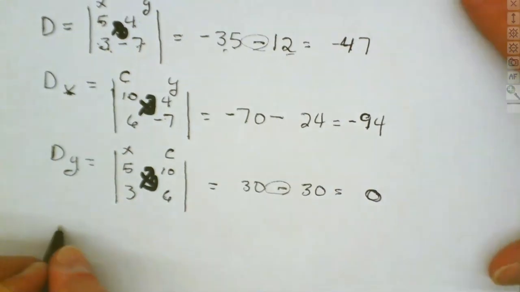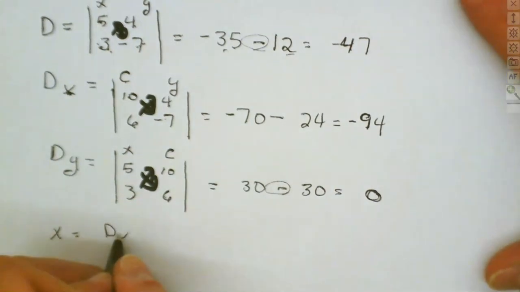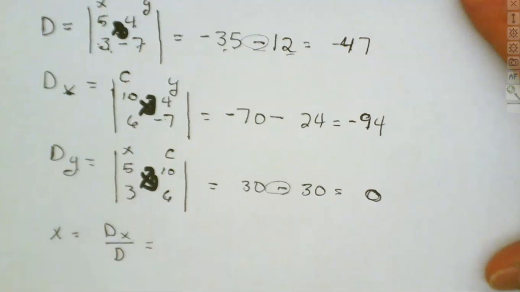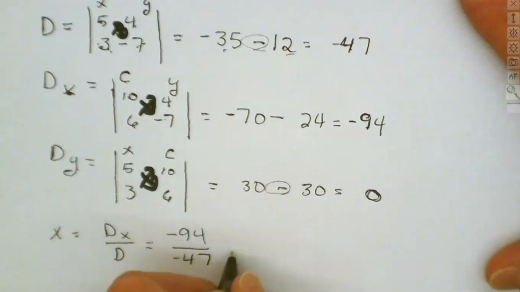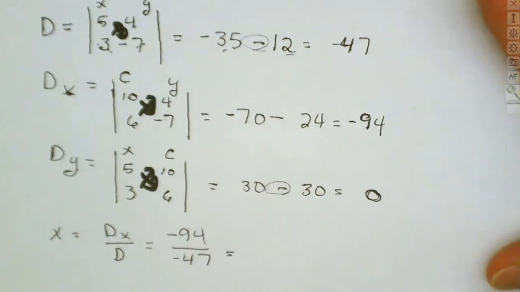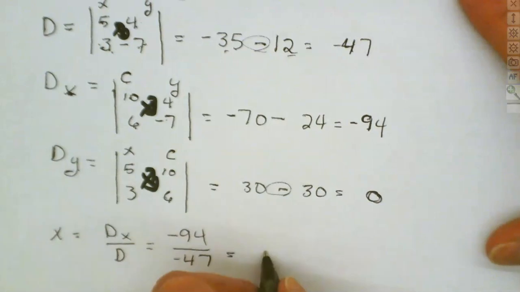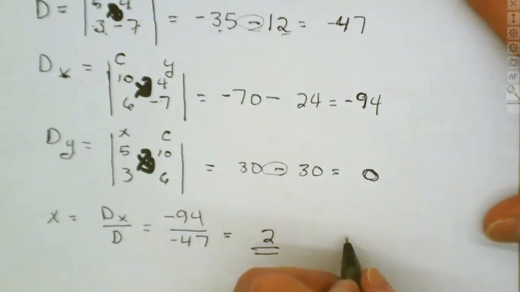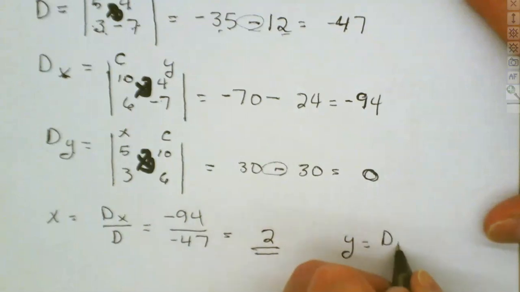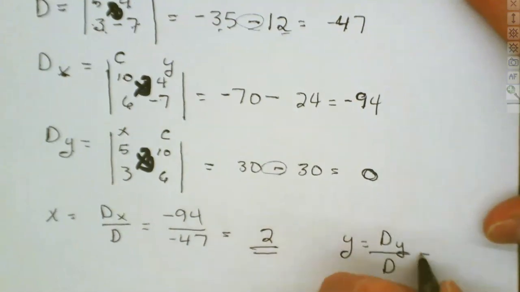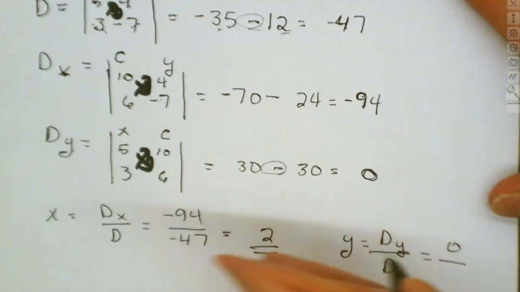Let's get x. X is dx over d. dx was a minus 94. D was a minus 47. Negative and negative makes it positive. So 94 divided by that 47. Negative and negative makes it a positive 2. What about y? dy over d. dy was 0.